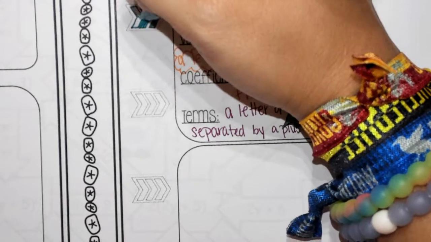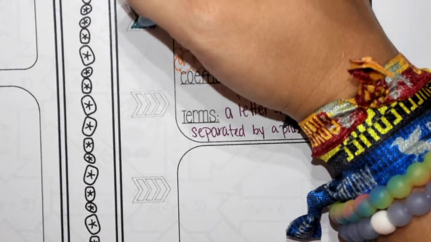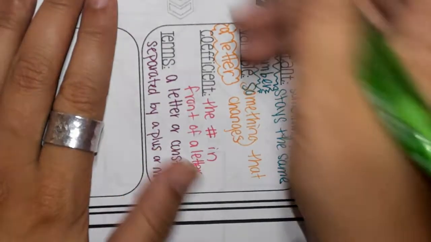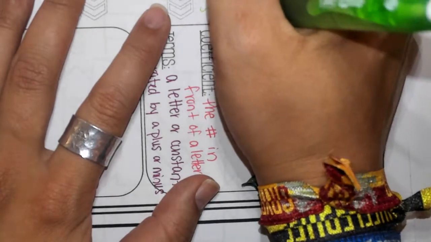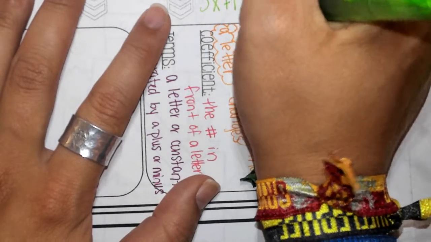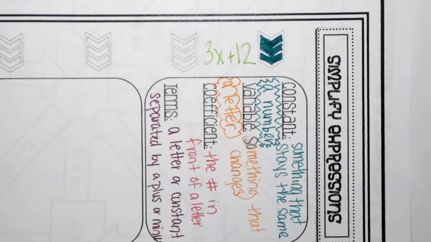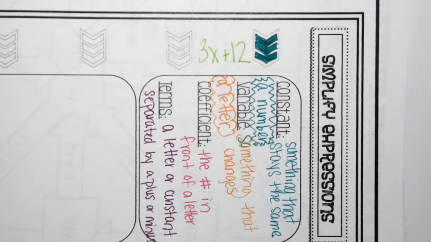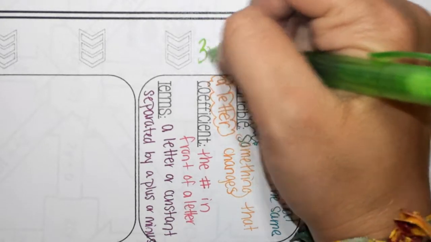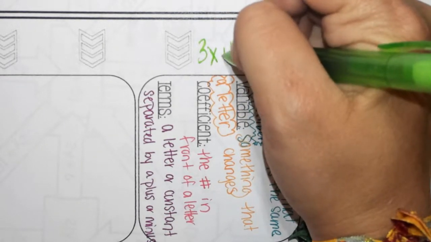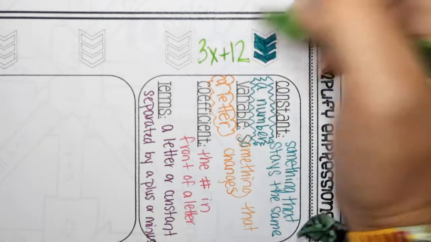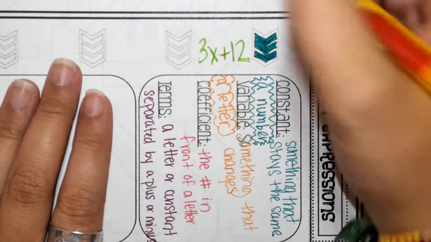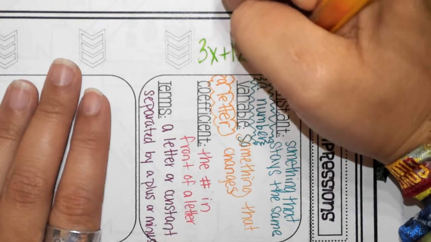How do we feel so far? We should feel amazing. So, if I said 3x plus 12, write that. Remember, when I write, you write on these. Alright, so 12 is the constant.